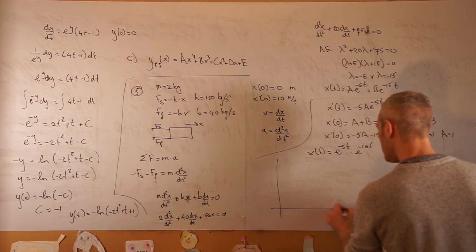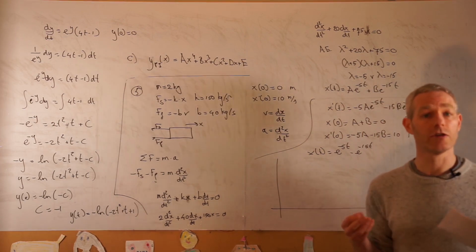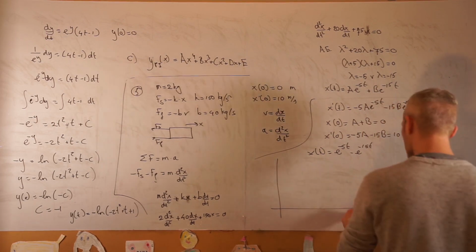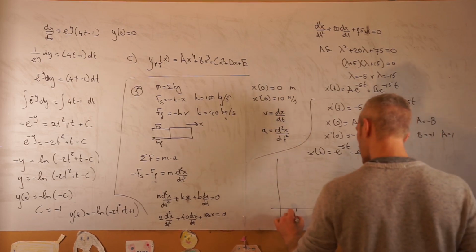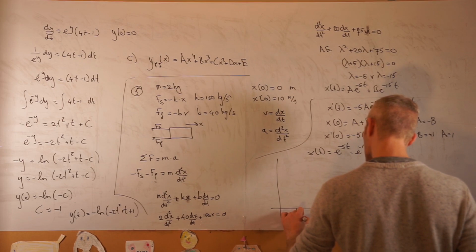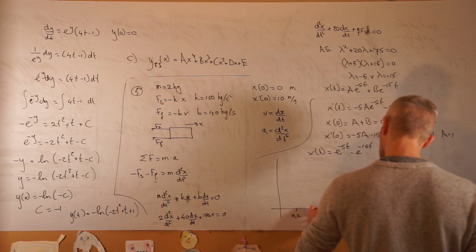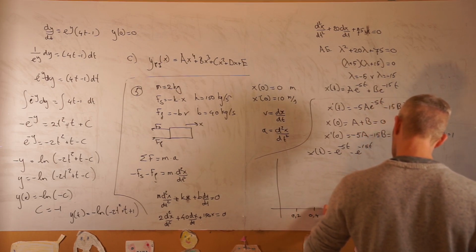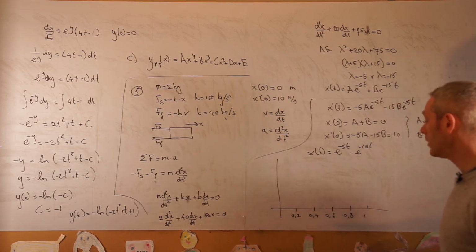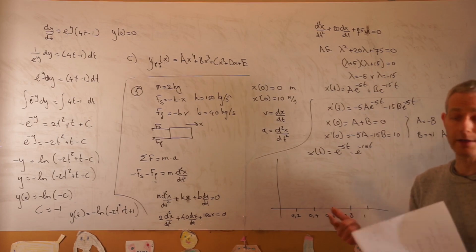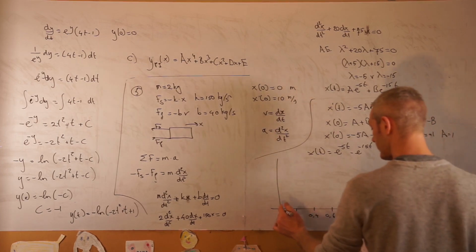And the last question of this part is to draw a graph from 0 to 1. My recommendation would be to select a couple of points. You can take 5 points, you can take 6 points.